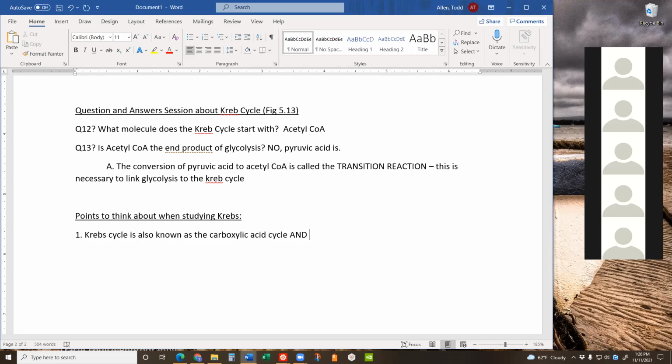And the Krebs cycle is also known as the tricarboxylic acid cycle. So there's alternative names for this group of chemical reactions.